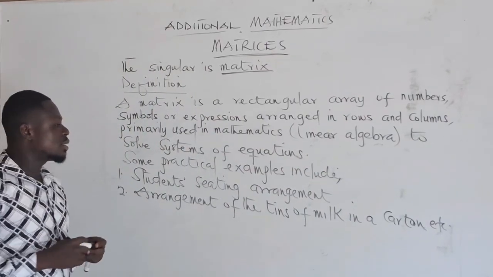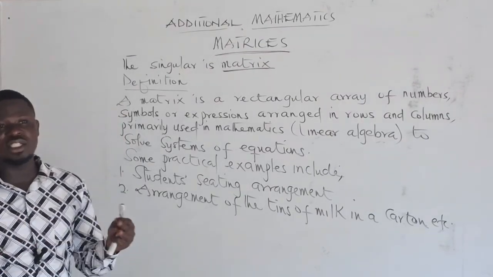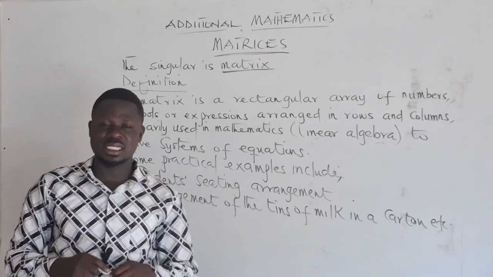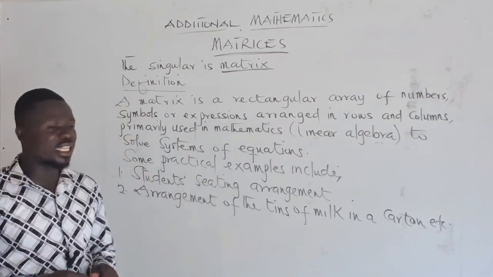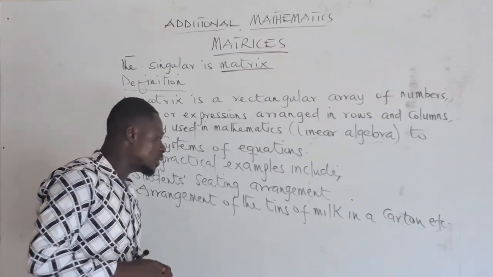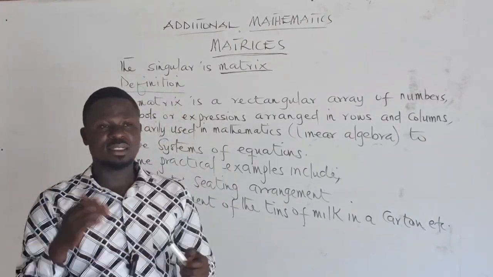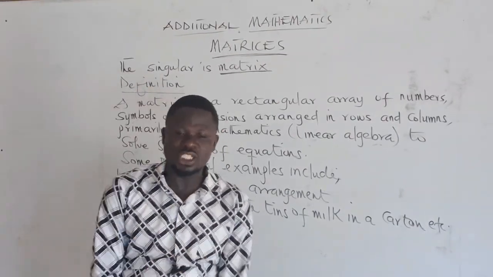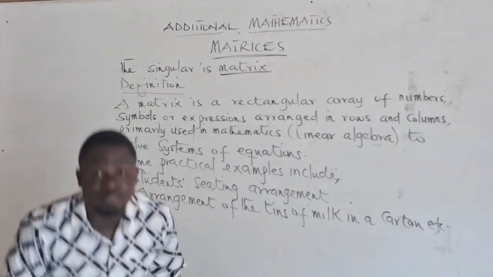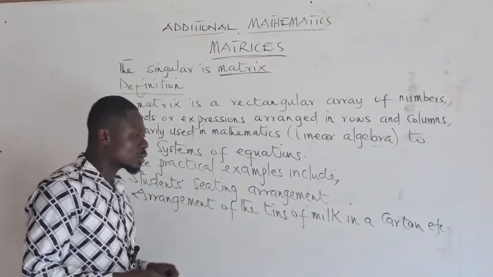Students' seating arrangements, how students are arranged in a classroom setting for lessons to take place. 2. Arrangement of the tins of milk in a carton. These are some of the practical examples.